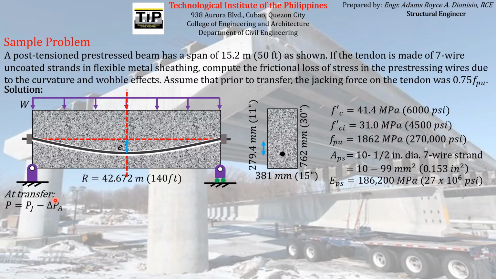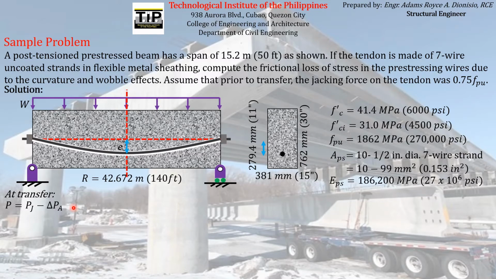So as early as the jacking stage, there are already pre-stress losses being experienced by the pre-stressing reinforcement, and one of those is the pre-stress loss due to anchorage. Another loss is due to the elastic shortening of the concrete, but we will just consider that if the tendons are jacked sequentially.